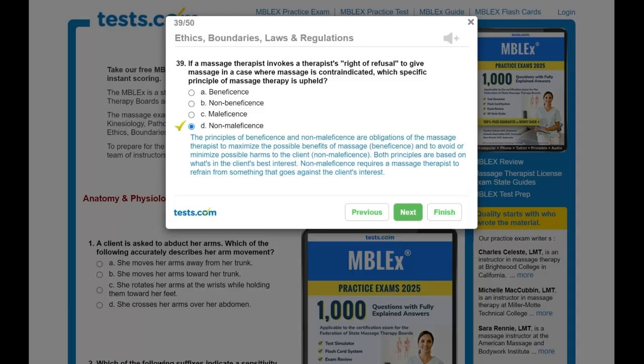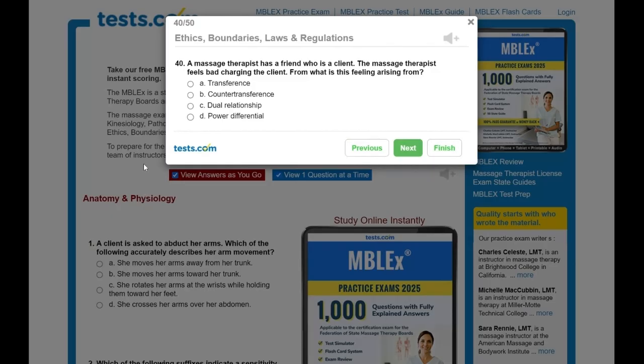The principles of beneficence and non-maleficence are obligations of the massage therapist to maximize the possible benefits of massage, beneficence, and to avoid or minimize possible harms to the client, non-maleficence. Both principles are based on what's in the client's best interest. Non-maleficence requires a massage therapist to refrain from something that goes against the client's interest.